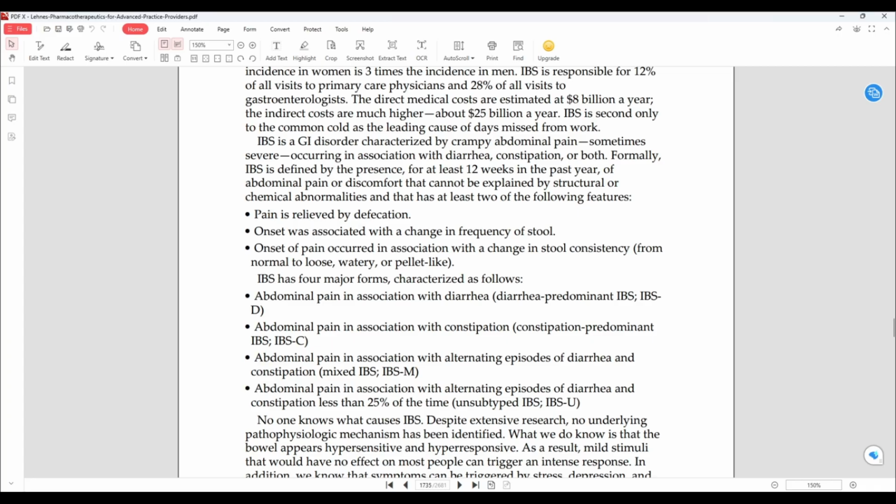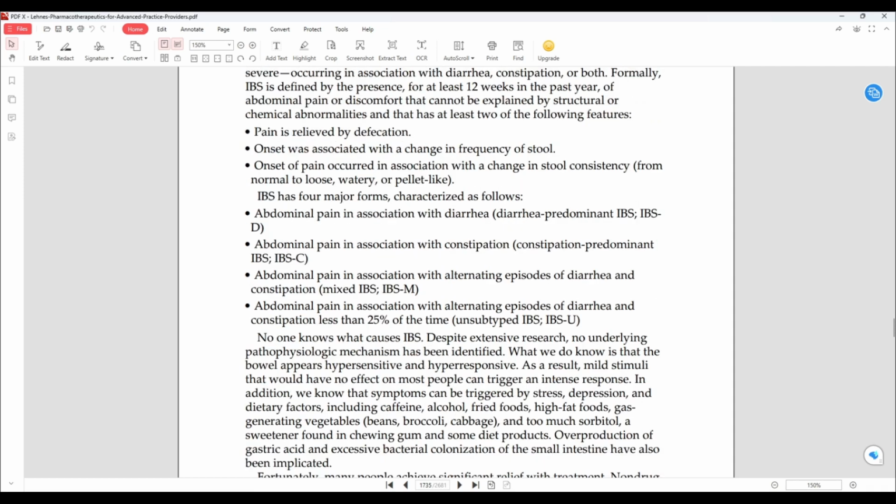Formally, IBS is defined by the presence, for at least 12 weeks in the past year, of abdominal pain or discomfort that cannot be explained by structural or chemical abnormalities, and that has at least two of the following features. One, pain is relieved by defecation. Two, the onset was associated with a change in frequency of stool. Three, onset of pain occurred in association with a change in stool consistency.